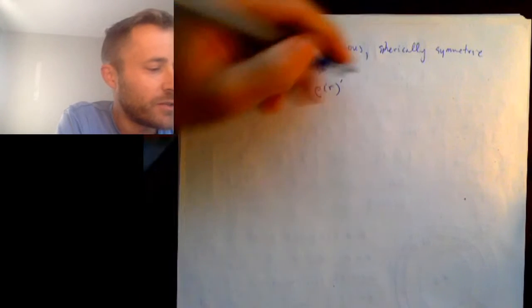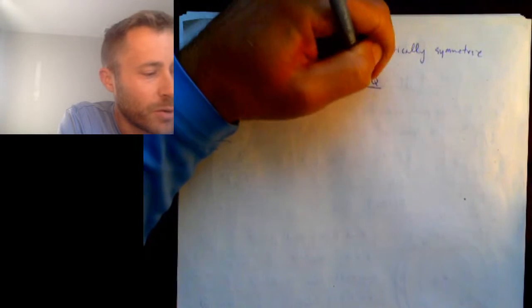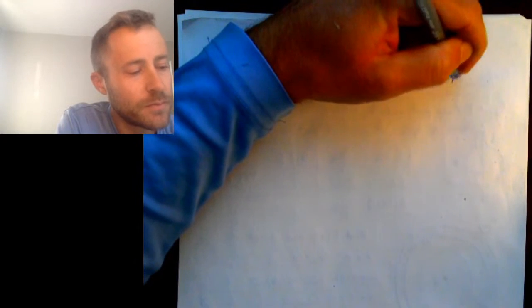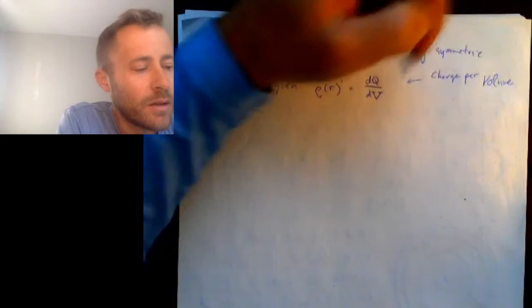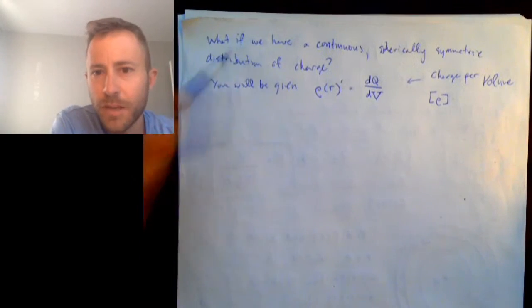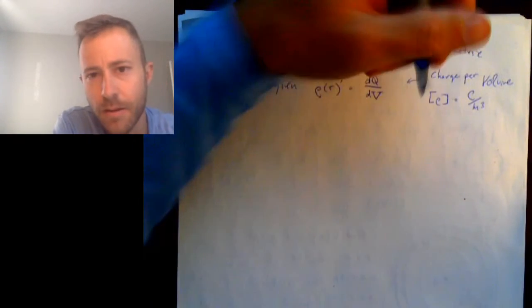So charge density, this is the amount of charge per volume. Charge per volume. So the units of rho, the Greek letter rho, which stands for charge per volume, would be coulombs per cubic meter. All right.